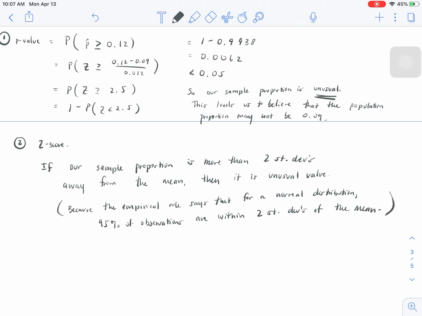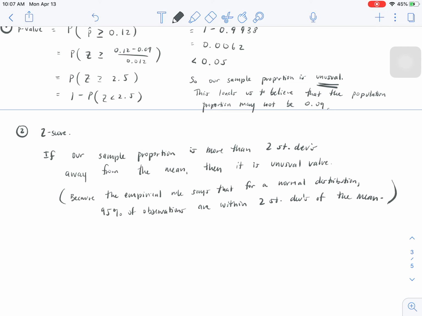So if our sample proportion is more than 2 standard deviations away from the mean, that means that it's in that 5% that's outside of those 2 standard deviations. It's part of just 5% of the distribution, rather like we're talking about our p-value. So if our sample proportion is more than 2 standard deviations away from the mean, then it's an unusual value. And our z-score is exactly how many standard deviations away from the mean an observation is.